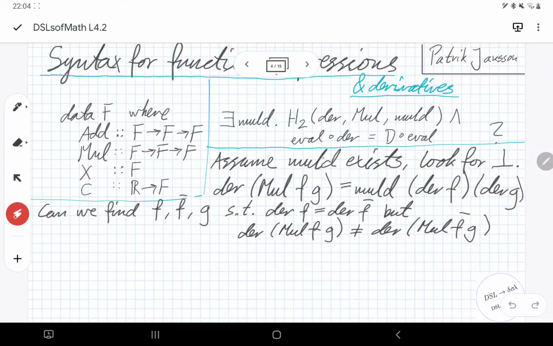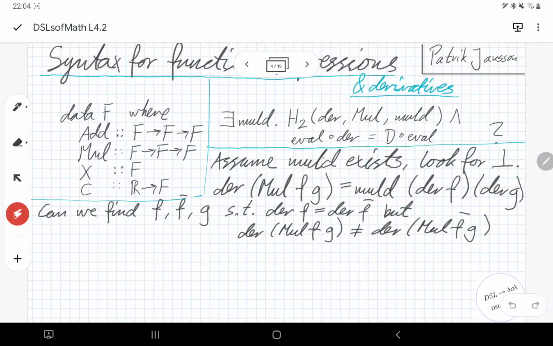Here I just summarize what I said. Can we find f, f bar, and g such that the derivative of f is the same as the derivative of f bar? They can be different syntactically, the f and f bar, but the derivative should be syntactically equal.